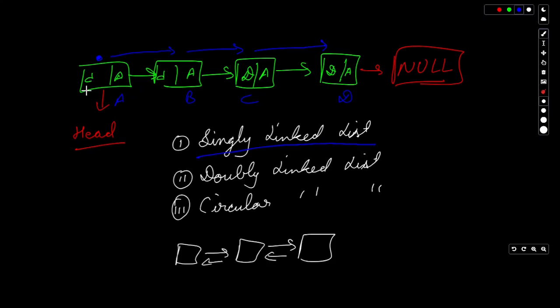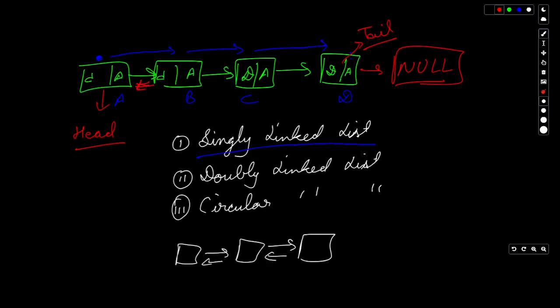So traversal from the head to the last element, which we call the tail, is possible. From head to tail you can travel, but you cannot travel from tail to head.